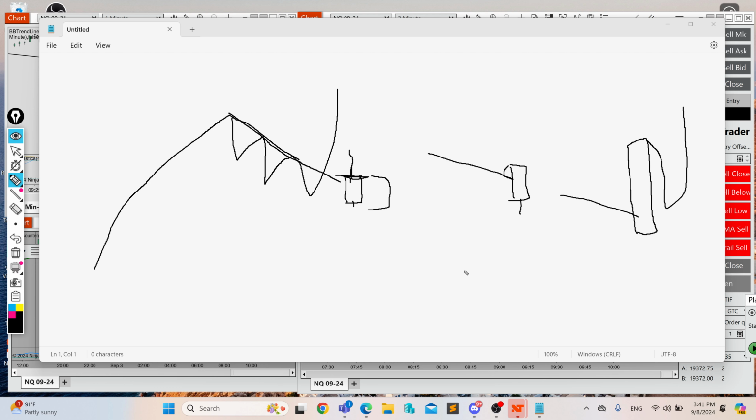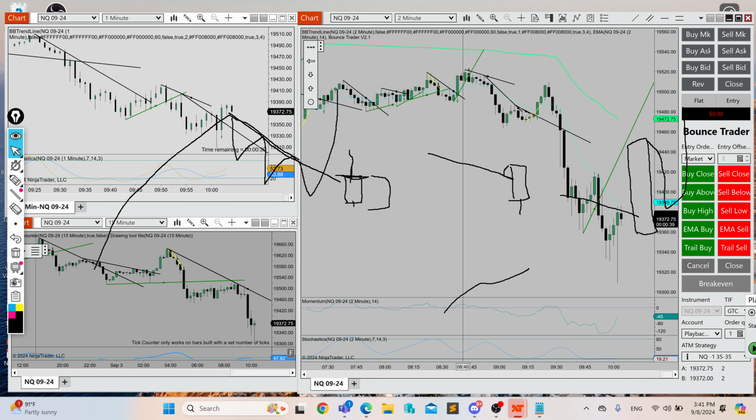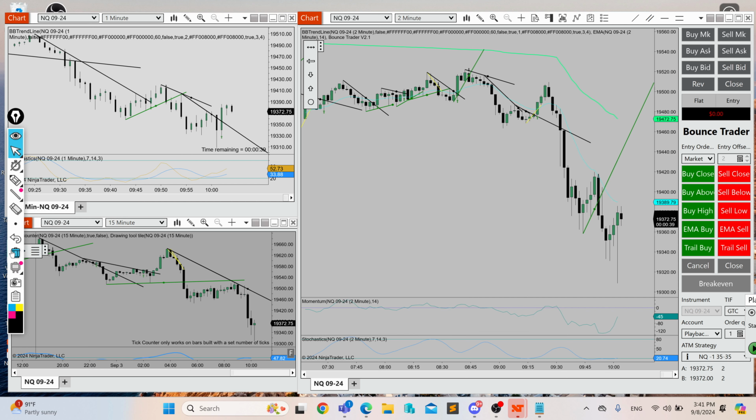We also can specify the stochastics. Let me close this. With stochastics we're specifying the impulsive move.